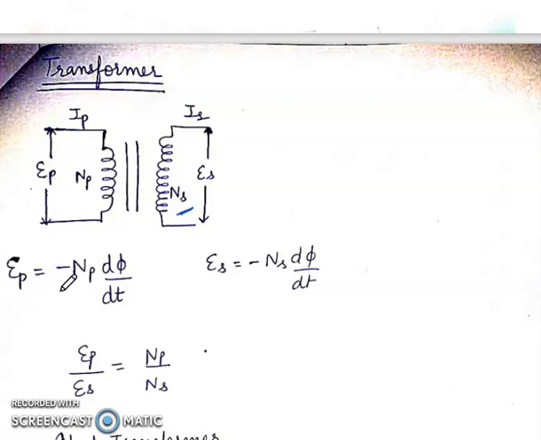E primary will be equal to minus N primary d phi by dt. E secondary will be equal to minus N secondary d phi by dt. Here N is the number of turns. When we divide EP by ES, d phi by dt will cancel out because magnetic flux linking with both of them is same. EP by ES is equal to NP by NS.